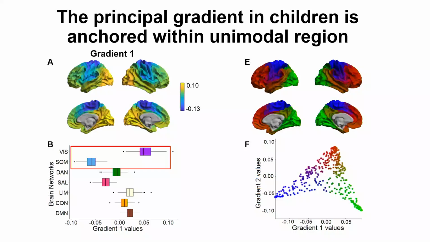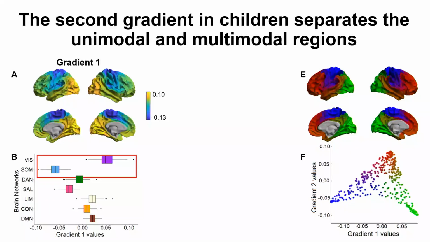The 2 panels on the right, panel E and panel F, further demonstrate this. This panel plotted the gradients into Euclidean space. We can see that the blue regions correspond to the somatomotor networks, and the green colors, the visual networks, are on the opposite ends of the principal gradient. So this confirms our hypothesis that the principal gradient in preschool children is anchored within unimodal regions.